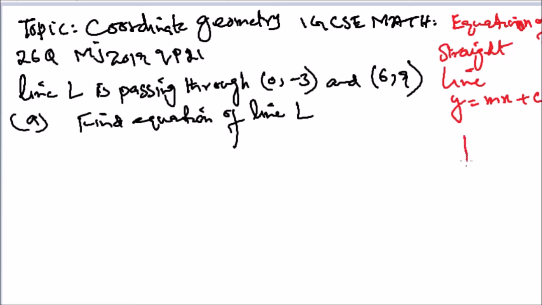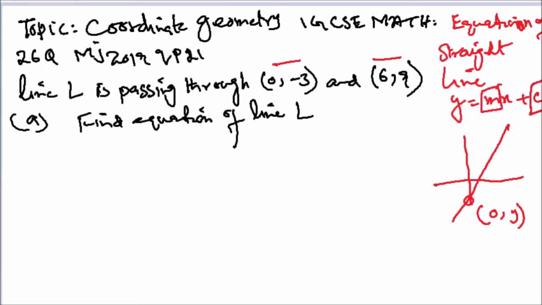If this is the xy plane, the line passes through a point that is always 0 and some value of y. This is called the y-intercept. Here the line is passing through these two points.